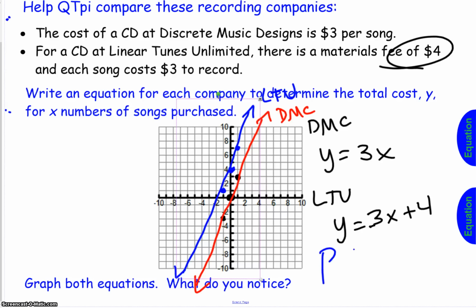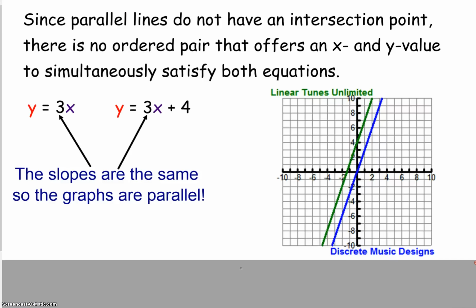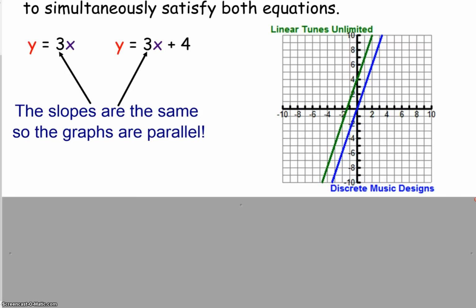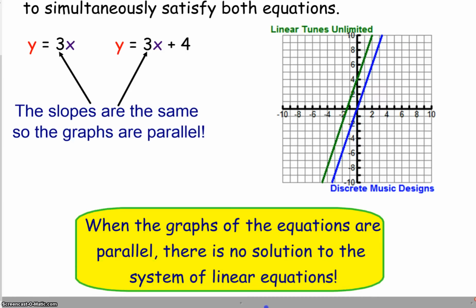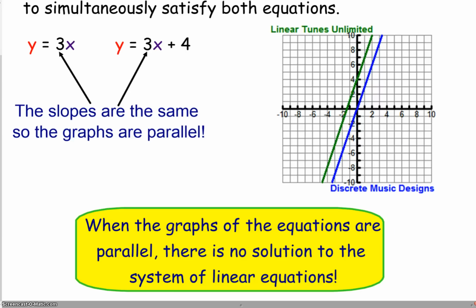These are parallel lines. So when the graphs of the equations are parallel, you will notice that there are no solutions to the system of linear equations. So those two blanks, parallel, there is no solution.